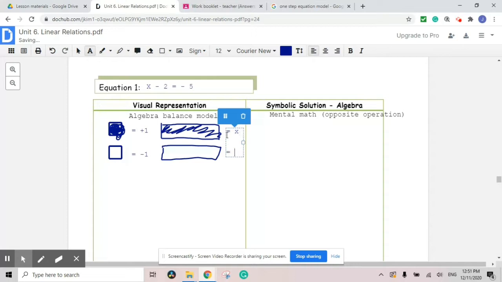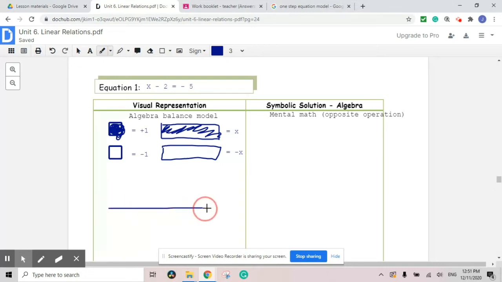If you have an empty one, then you probably guessed it, negative x. The way you use your algebra balance model is we are going to build some kind of seesaw, like a wooden plank, with a little center of the seesaw which represents the equal sign.